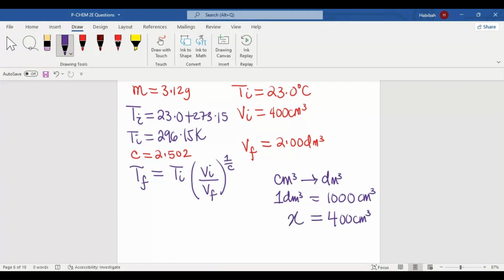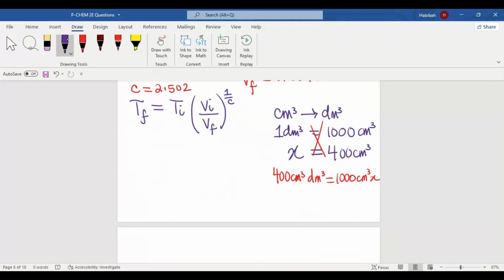So I'm going to be using the proportionality method to calculate this. I'm going to use the unknown x for us to determine it. So we have 400 centimeter cube over x dm cube is equal to 1,000 centimeter cube over 1 dm cube, right? So solving this, we're going to cancel out centimeter cube. Remember, we're trying to solve for 400 centimeter cube in decimeter cube.